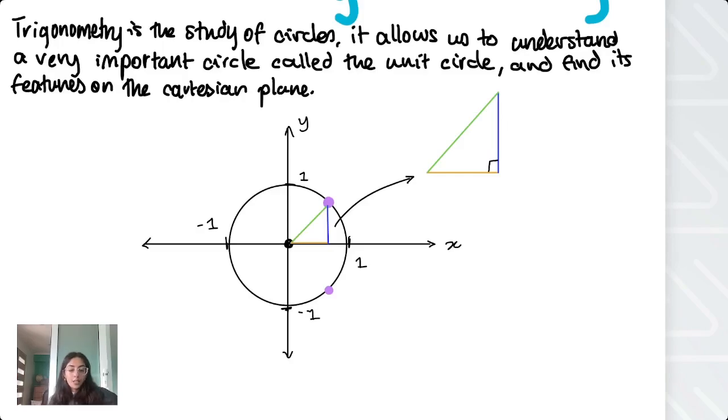Chris, can I get you, please, to draw a few things for me? I've got the green, yellow, and blue for you there. Can you please draw a line that shows the x-coordinate, a line that shows the y-coordinate, and a line that shows the gradient to that point, please?